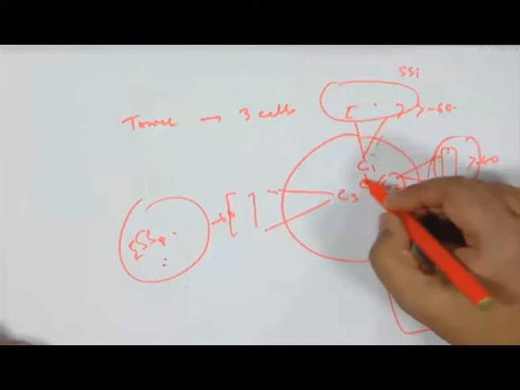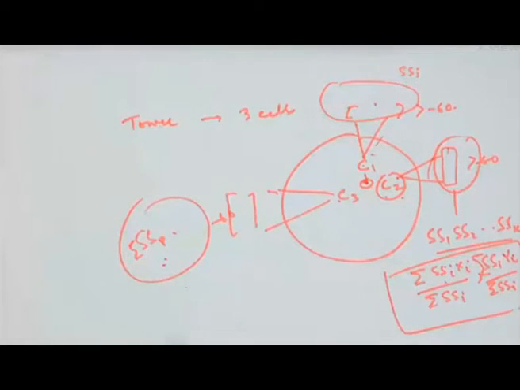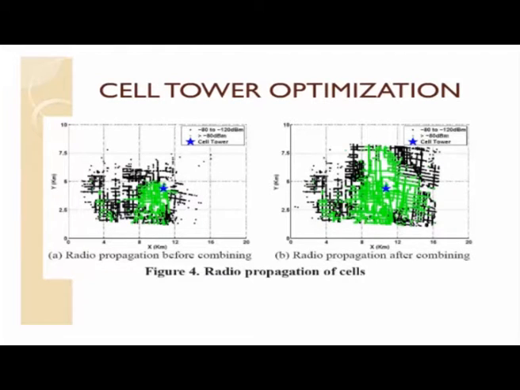Since they are in the same cell tower, they are at the same cell location. So combine all the signals which are greater than some threshold, and then take the weighted average.